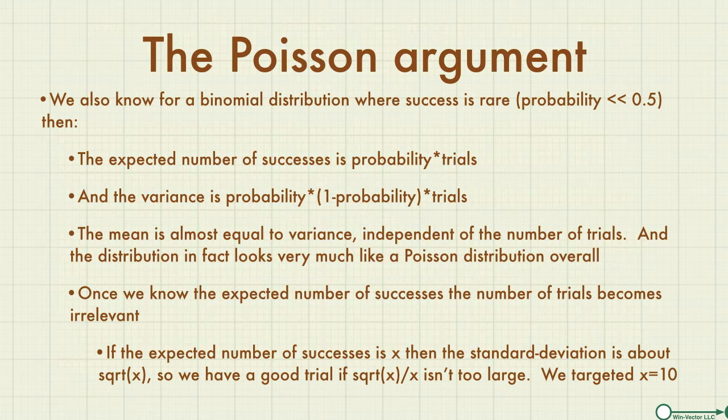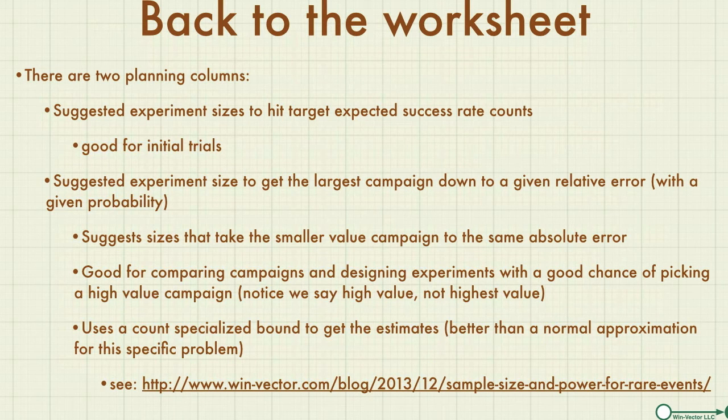What it abstracts out from the binomial distribution being the true distribution of what's going on is the number of actions. It turns out the most important thing in these trials is not how many actions you send out to try to get the successes, but the number of successes. 3 successes is a very small number, and 200 successes is a moderately large number, no matter how many actions you send out. Though obviously the action rates or the success rates themselves depend on both successes and actions, as it's a fraction.